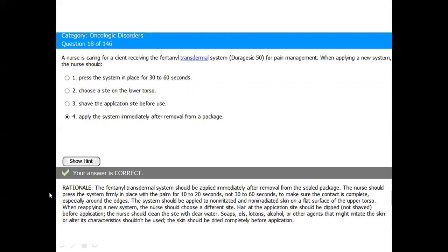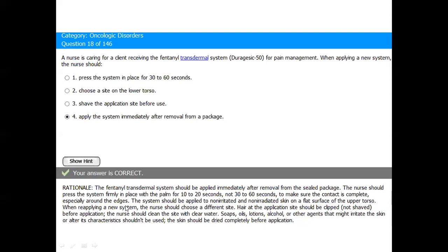The nurse should press the system firmly in place with the palm for 10 to 20 seconds, not 30 to 60 seconds, to make sure the contact is complete, especially around the edges. The system should be applied to non-irritated and non-irradiated skin on a flat surface of the upper torso.